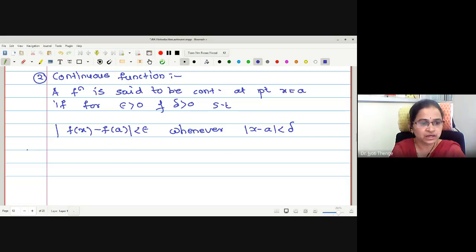Again in other words, we can write the definition: mod of x minus a less than delta implies mod of f of x minus f of a less than epsilon.